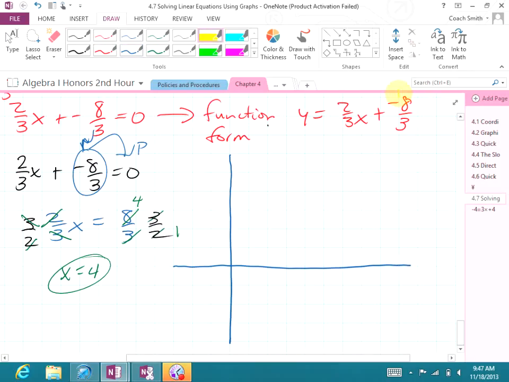So here's my y-intercept, negative 8/3, okay, which gets me 1, 2, right there. Okay, that's 2 2/3 basically. All right, now my slope is 2/3. So I'm going to go up 2, 1, 2, and I'm going to go over 3.